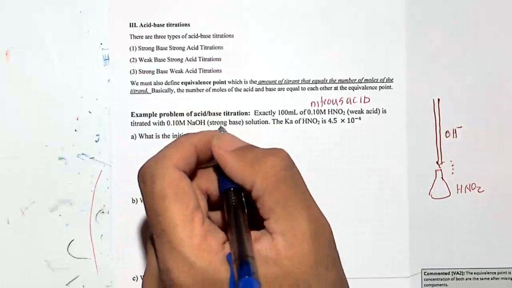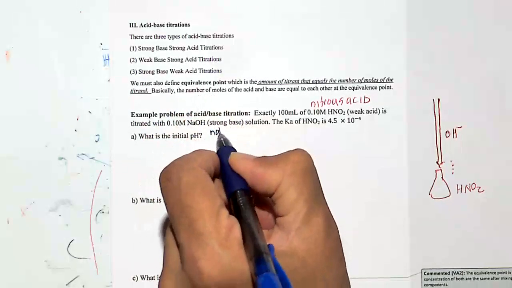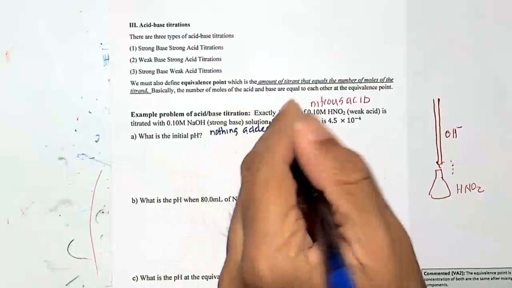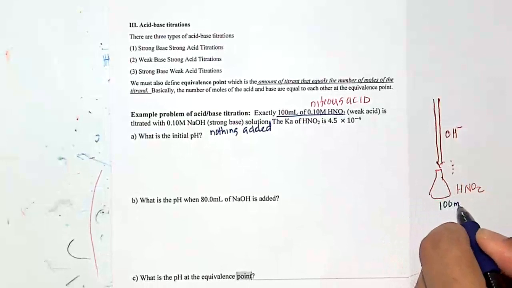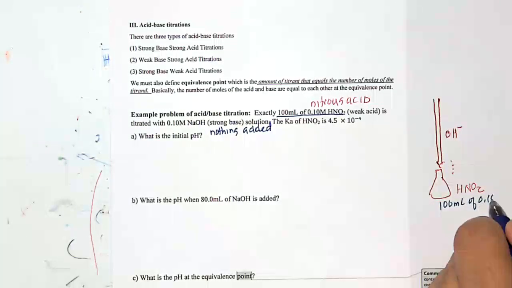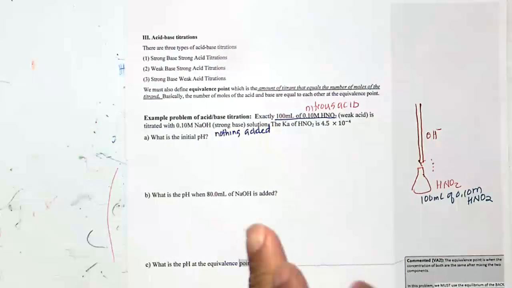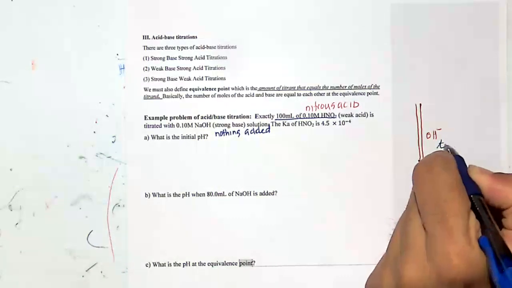The first part of the titration is where nothing is added. All you have in part A is 100 mL of 0.10 molar HNO2. You're not adding any of the titrant.